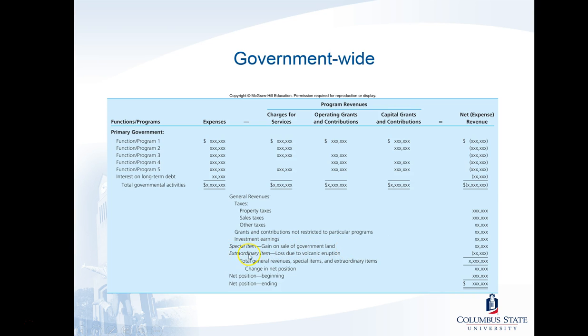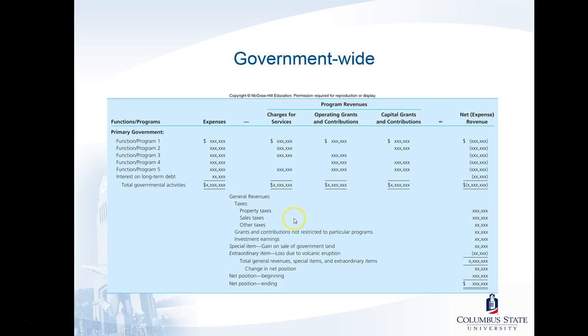They also can have extraordinary items, like a loss due to volcanic eruption. And so they'll have a total general revenue, special item, and extraordinary item amount, and then a change in net position, and then their net position at the beginning and at the end. So this total governmental activities, which is typically going to be a net expense, will be partially funded by these general revenues.